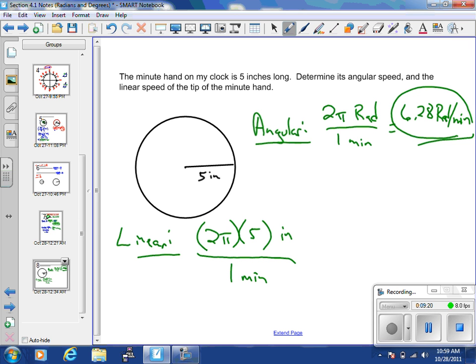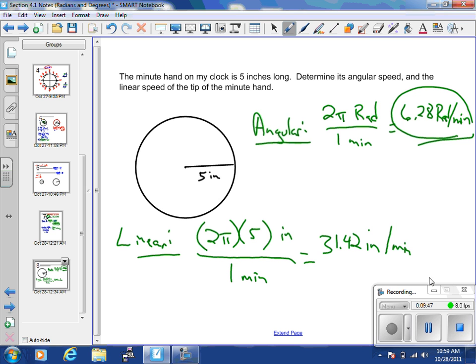So when we do this, 2 pi, and we take that answer times 5, I get about 31.42. And this is going to be inches per minute. So that's how far that thing is traveling, if the radius of the clock is 5 inches.